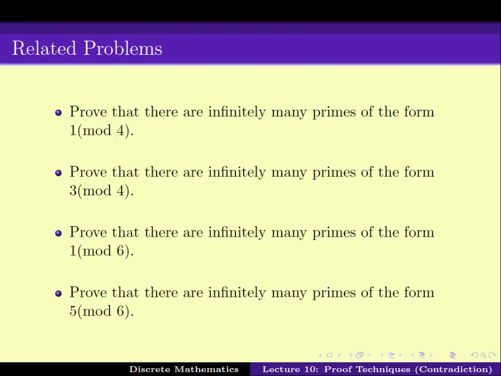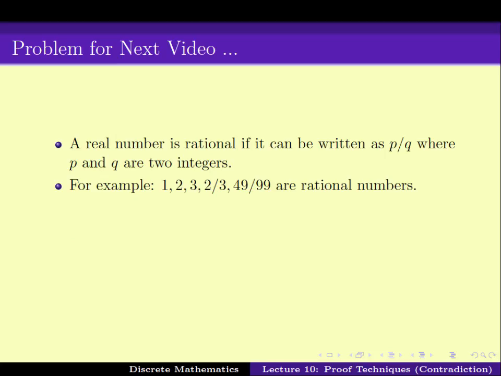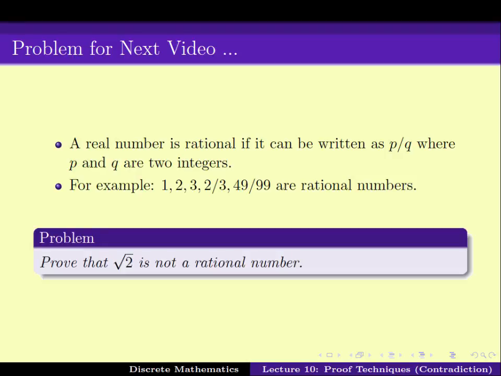So we will be doing some more problems using contradiction in the next video. In the next video, we will be proving a statement like square root 2 is not a rational number. Now what is a rational number?